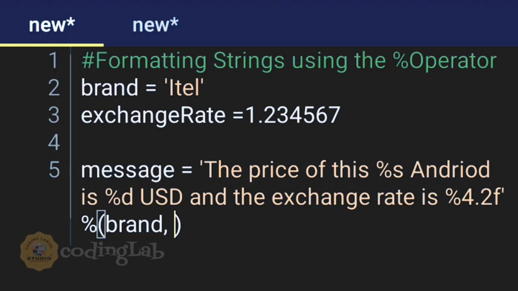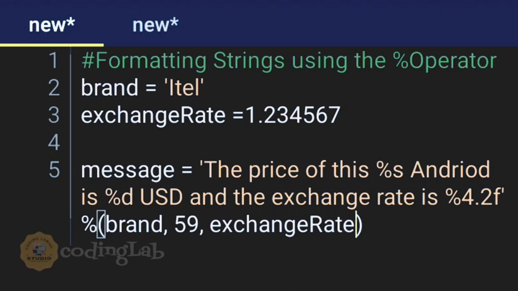Let's make it 59. So this is a value. The first one is a variable, this is a value, and the last one is the exchange rate, which is a float.